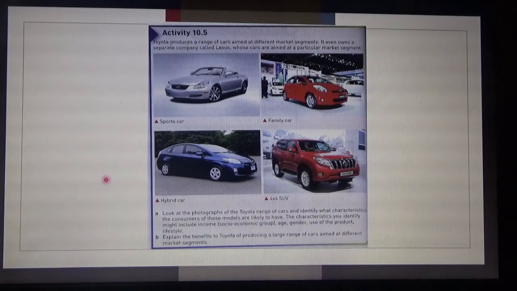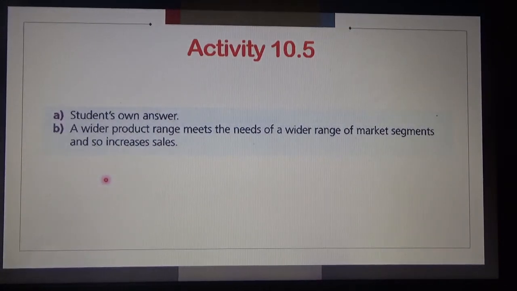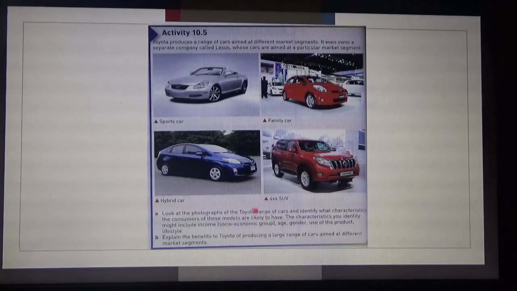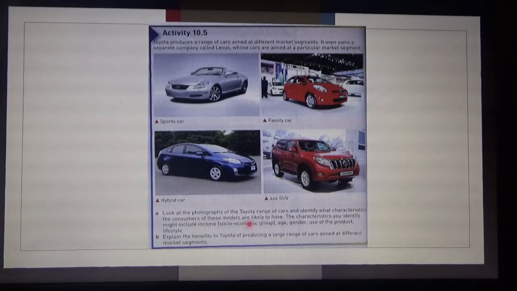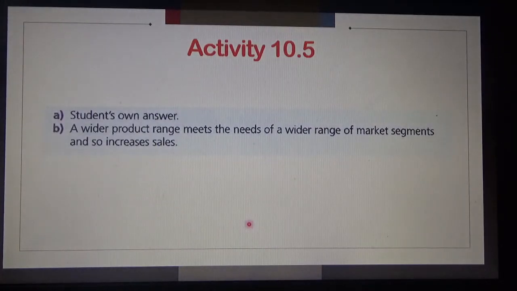You will have different opinions and ways to identify the characteristics the consumers of these models are likely to have. For letter A, there may be similar answers, but it's better to write them down and show me your answers. Send them to me together with your answer for letter B. However, for letter B, we have a guide answer here.